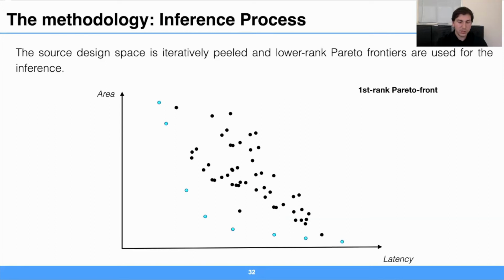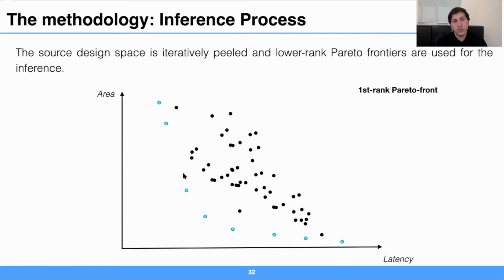We introduce this notion because we want to explore the neighborhood of Pareto optimal configurations. So let's see how we define this rank Pareto front. When we look at the design space and we want to find the Pareto optimal configurations, this is what we call the first rank Pareto frontier.